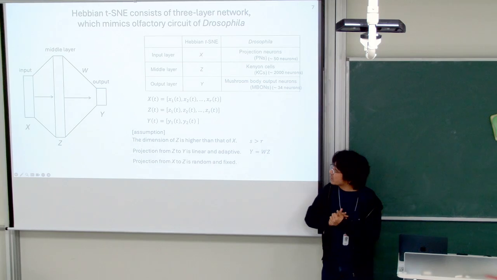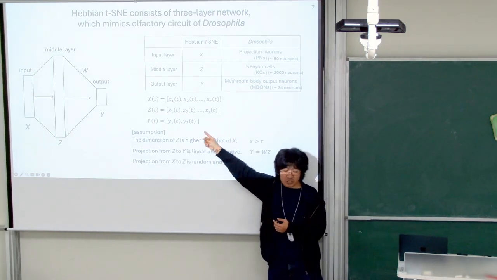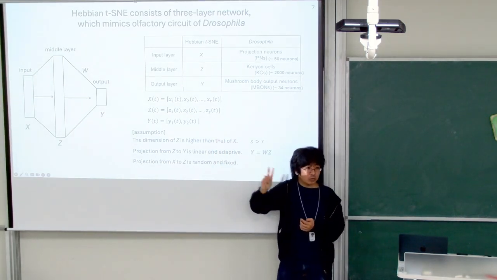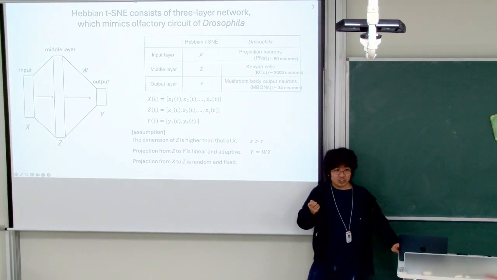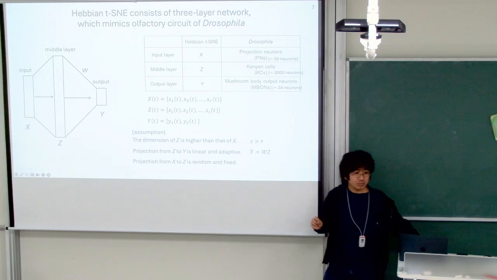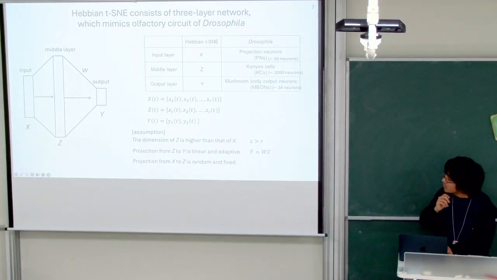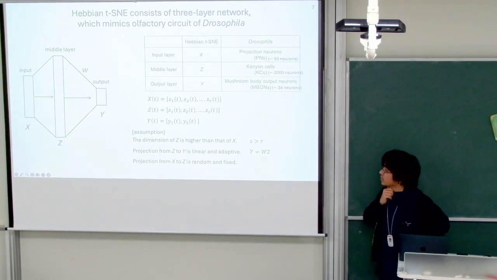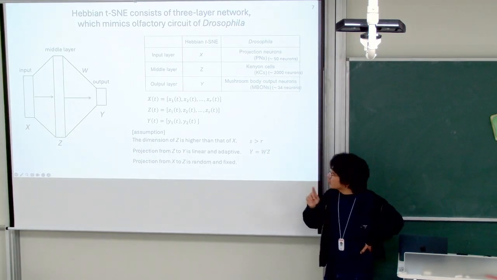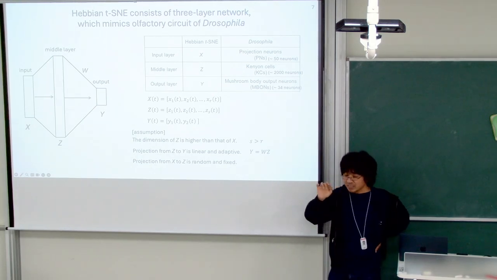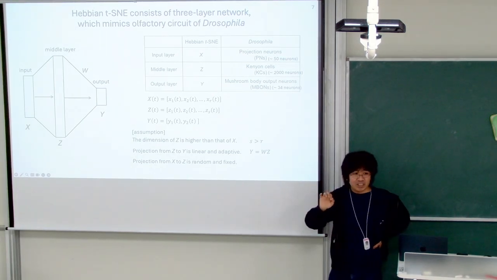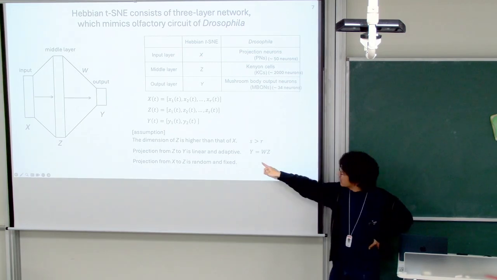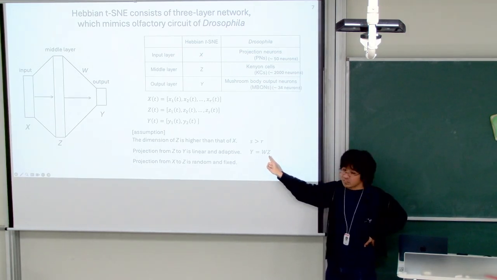In this paper, the output dimension is fixed to 2 for visualization, but it's not a limitation. It's the first assumption. The second assumption is that the projection from Z to Y is linear and adaptive. So Y equals WZ.